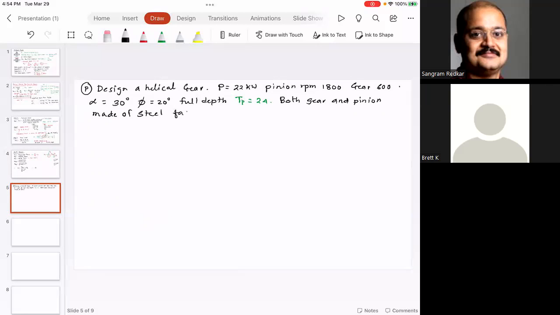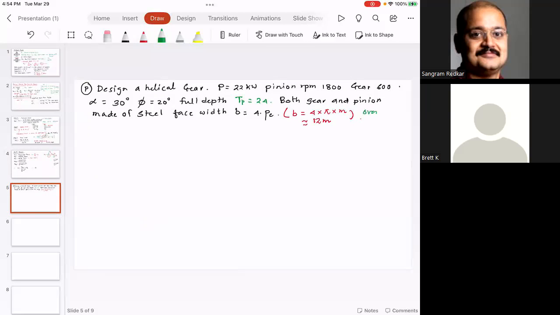Face width, which is equal to B, is equal to 4 times circular pitch. Now this equation needs a little bit of discussion. So think about it like this. B is equal to 4 times pi times module. So if you look at pi, which is 3.14, this means B is approximately 12 times module.